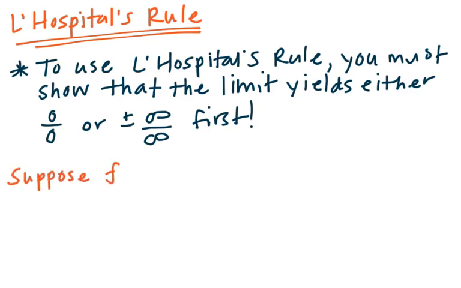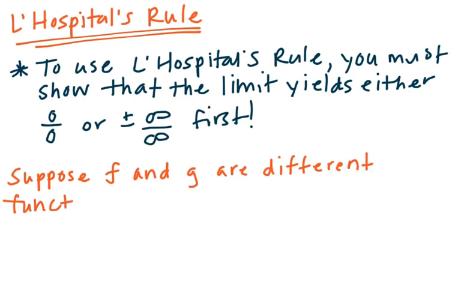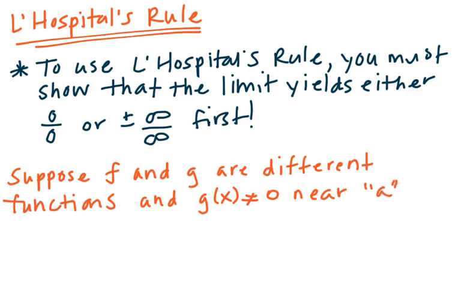f and g. So suppose f and g are different functions, and that g of x does not equal 0 near some value a, but that is a keyword, near a.